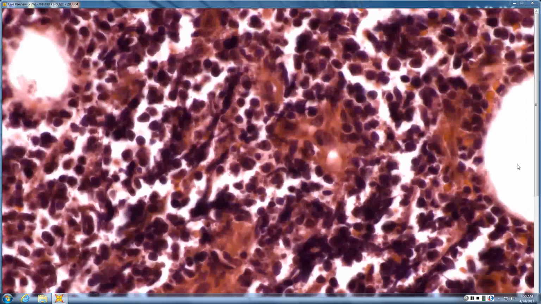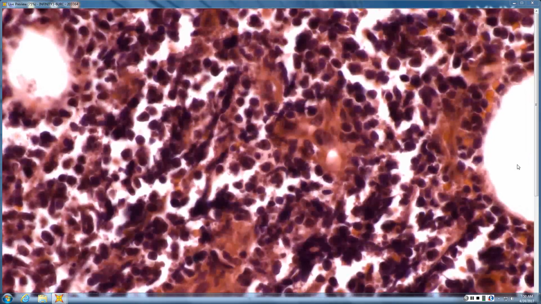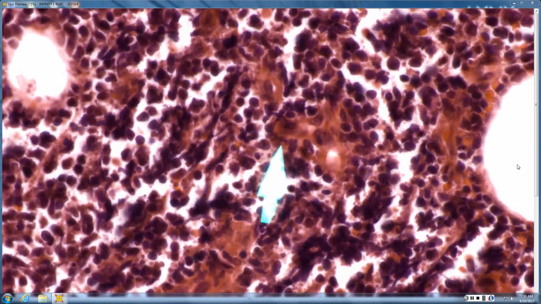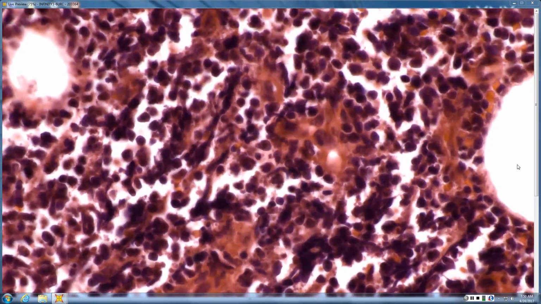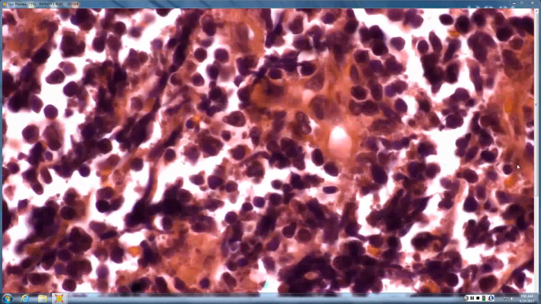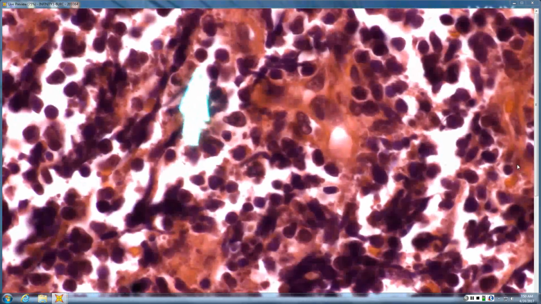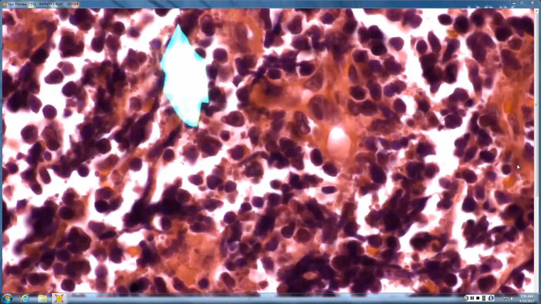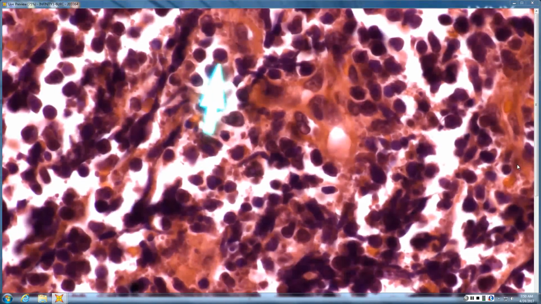Now you look at the cells here. And yeah, they're kind of big, right? If you look at the nuclei themselves, do the nuclei tend to be cleaved or round?